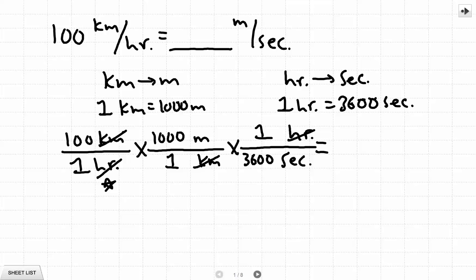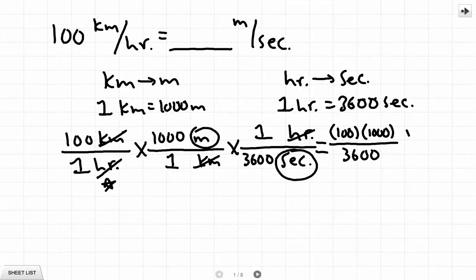So now I have, in my numerator, 100 times 1,000 times 1, but we don't need to put the times 1 in there. And I have in my denominator 1 times 1 times 3,600, which is just 3,600. And the units of measurement that are left are meters in the numerator and seconds in the denominator.